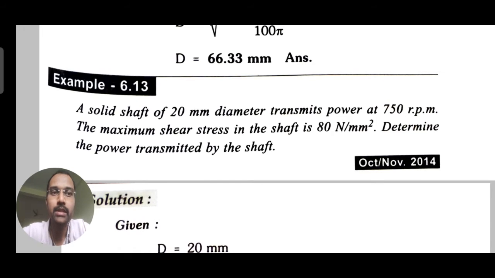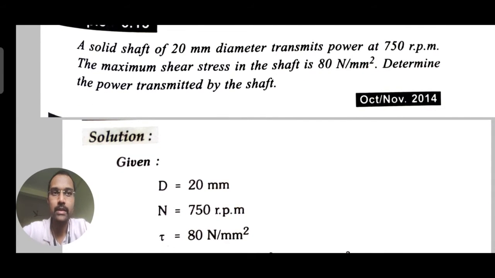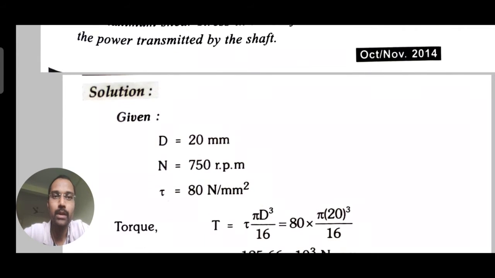So the maximum shear stress in the shaft, tau value, is 80 Newton per mm square. Now we are asked to find the power P transmitted by the shaft. The formula is P equal to 2 pi N T by 60. Now you see D equal to 20 mm, N equal to 750 rpm, and tau equal to 80 Newton per mm square.